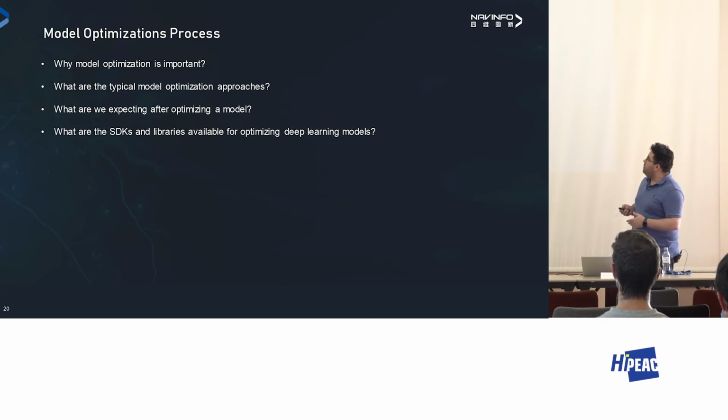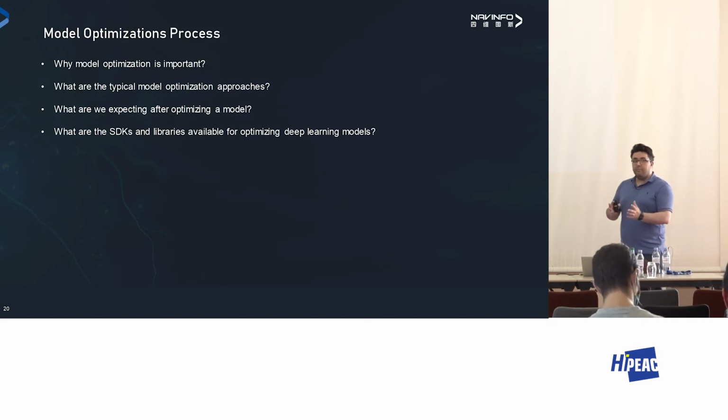And what are the typical model optimization approaches? We will discuss. What are we expecting after optimizing the model? What are the SDKs and libraries available for optimizing deep learning models? So this is just briefly explaining how the process is going.